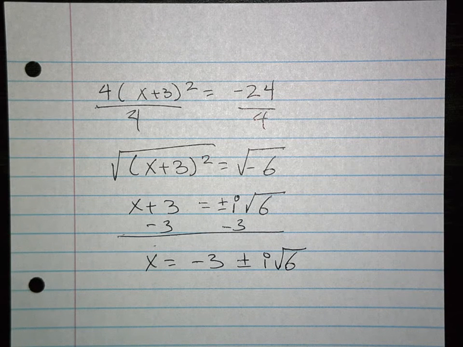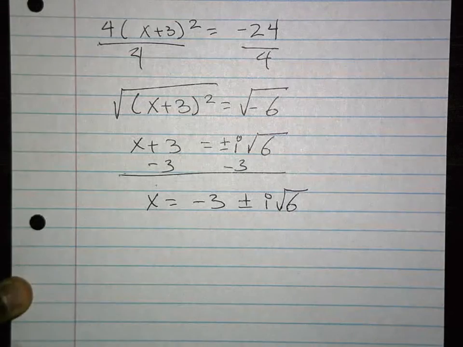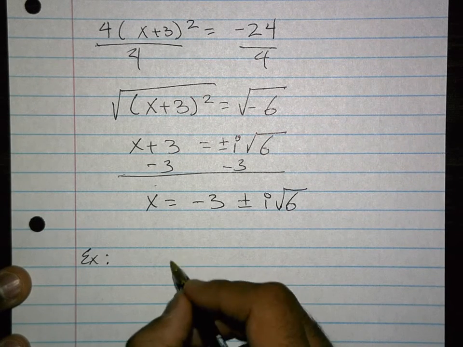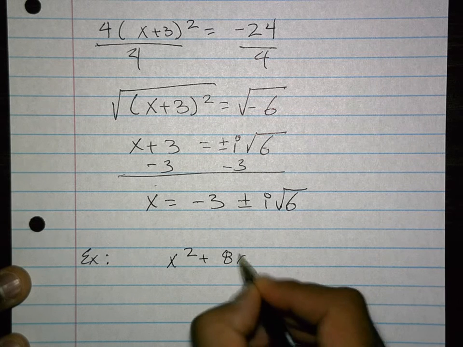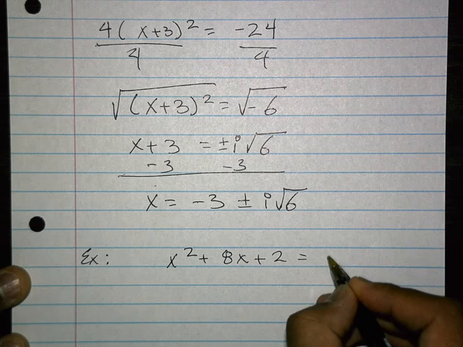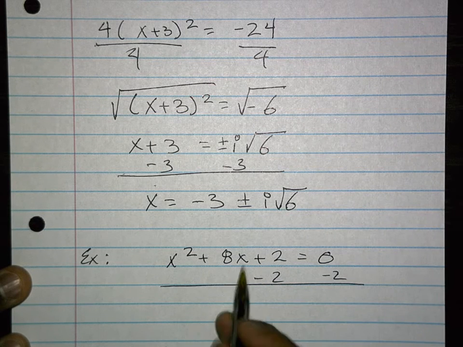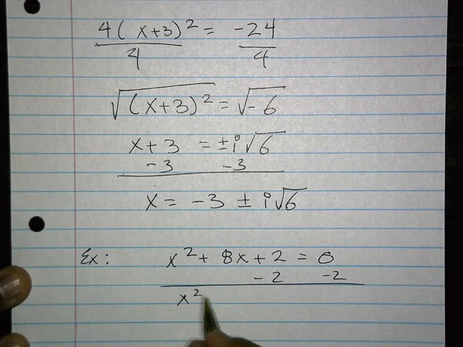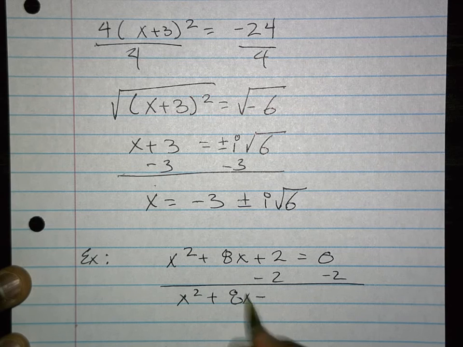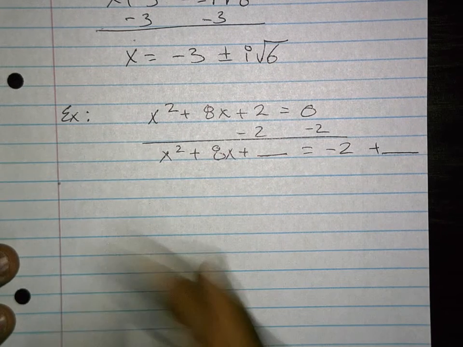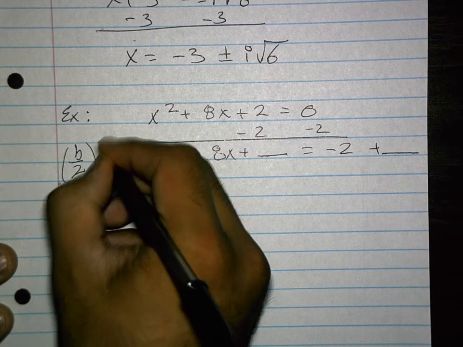We also had some completing the square questions. So if I had x squared plus 8x plus 2 equals 0. In order to complete the square, you've got to subtract 2 from both sides, getting the terms with the x's alone. And we're going to leave a space. And how do you find that number? It's b over 2 squared.